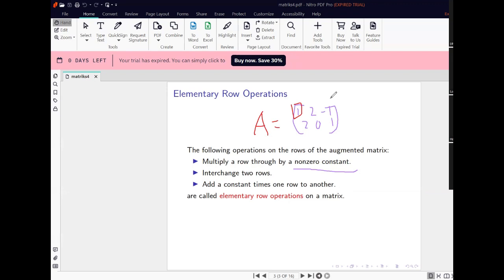But if we change 2 into 1, it doesn't satisfy property number 3, because in the lower row the leading one must occur further to the right than in the higher row. So we have to change it to 0, not 1.